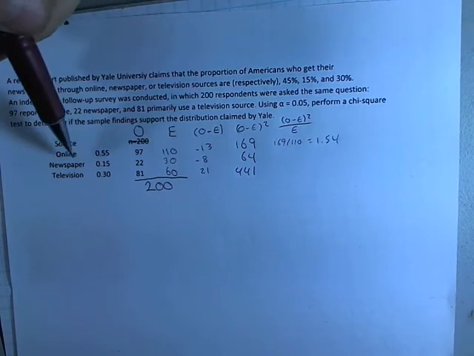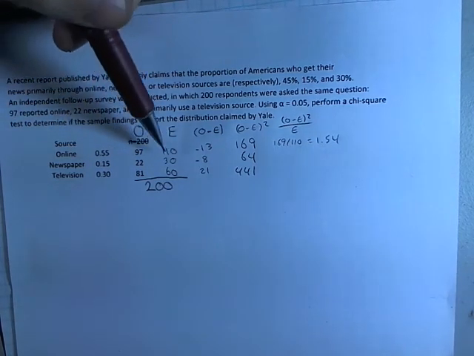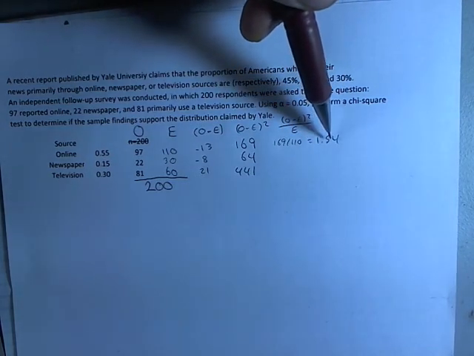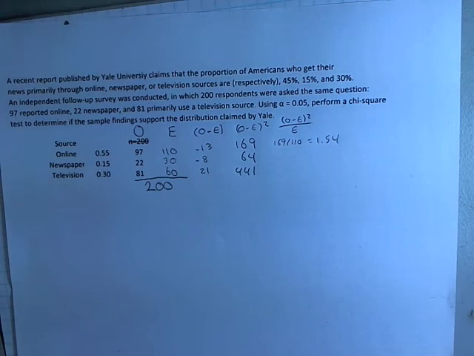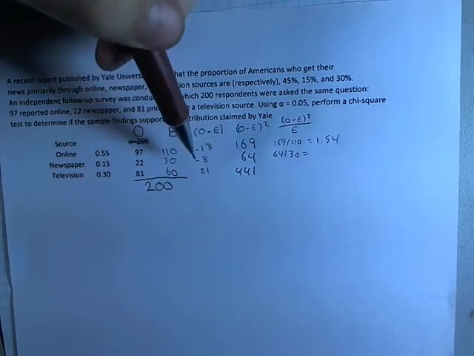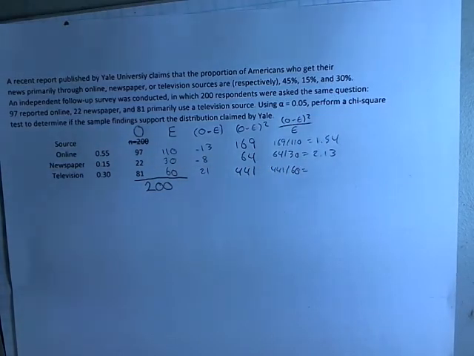So the difference between the observed and expected online category is going to contribute 1.54 chi-square units to our data value. Likewise, we'll divide 64 by 30 here. 64 divided by 30 is 2.13, and 441 divided by 60 equals 7.35.